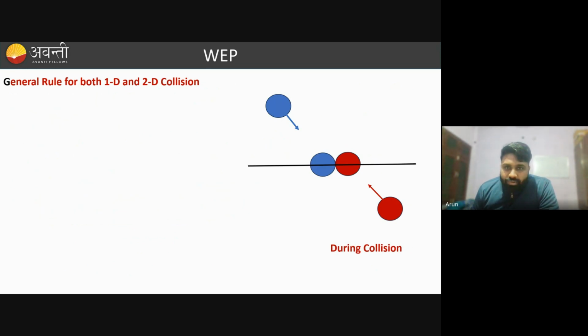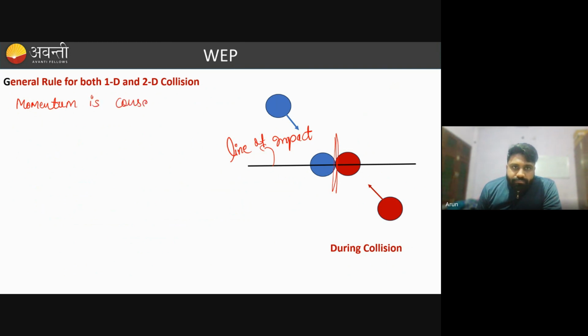In that case also, this is the line of impact, because the common tangent is this. Along this line of impact, momentum is conserved.